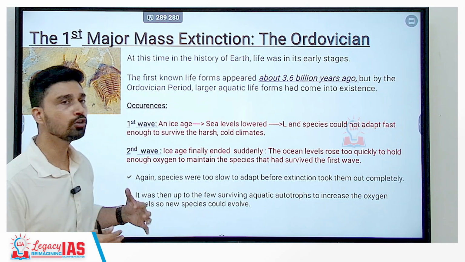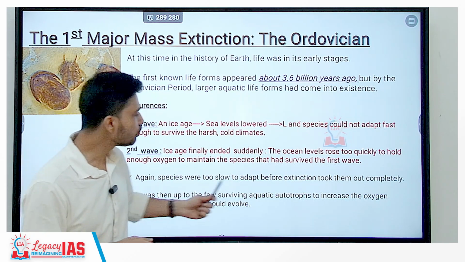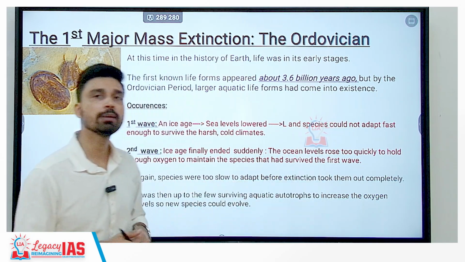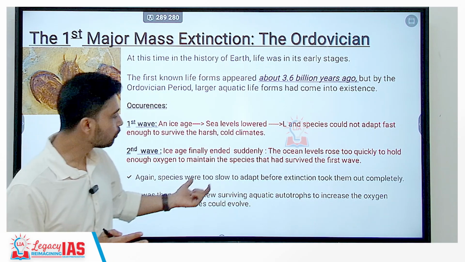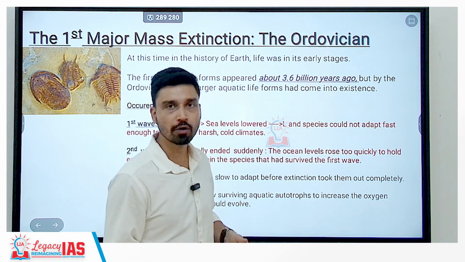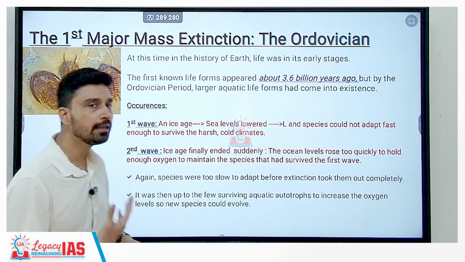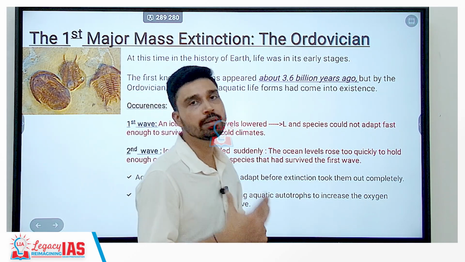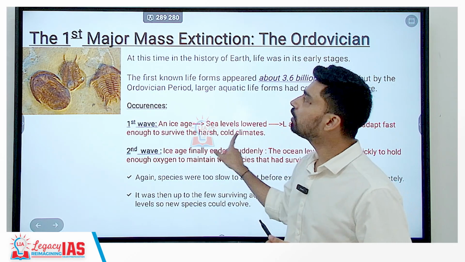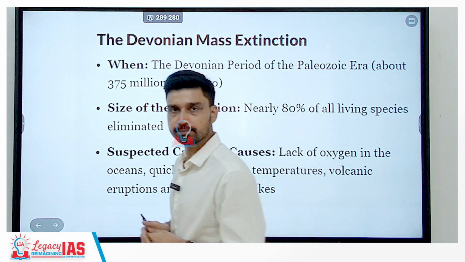As a result of both waves, species were too slow to adapt before extinction took them out completely. It was then up to the few surviving aquatic autotrophs to increase the oxygen supply, and then new species again began to develop after the end of the first mass extinction.